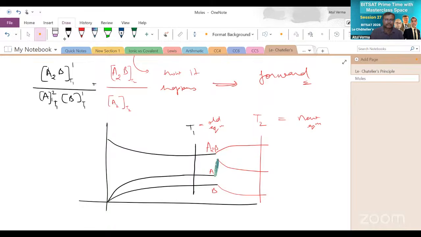This won't be A2, it's simply A. The new concentration of A at T2 multiplied, square is also there because 2A are there, and B at T2 power 1. And why is that happening, friends?